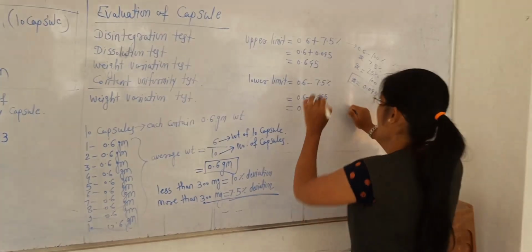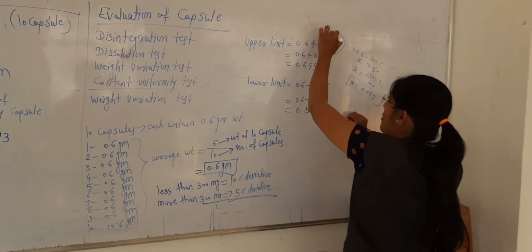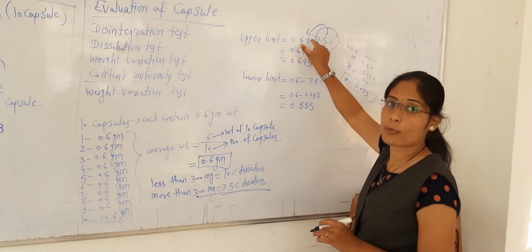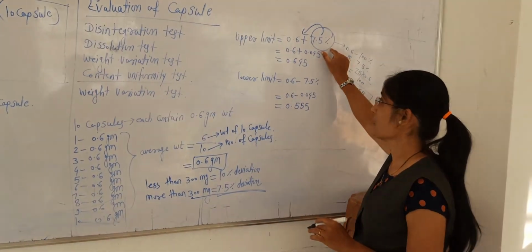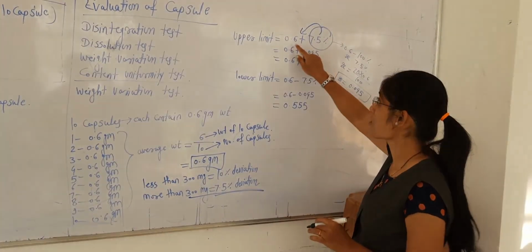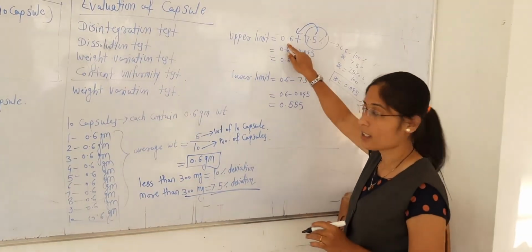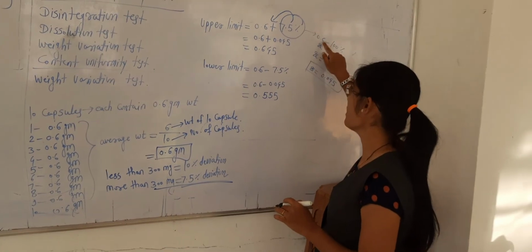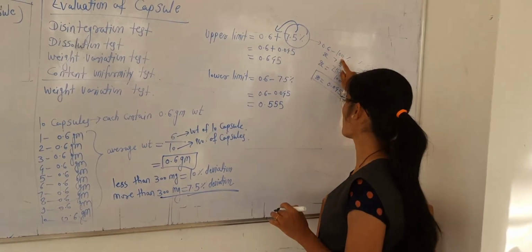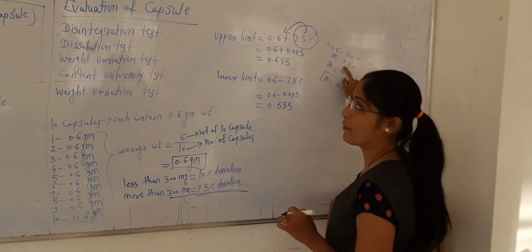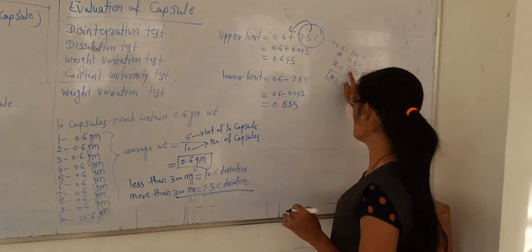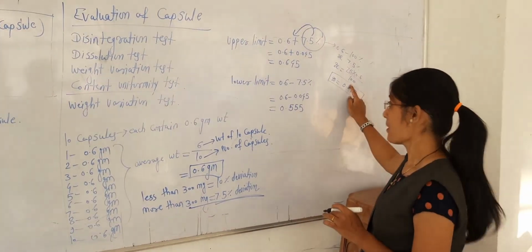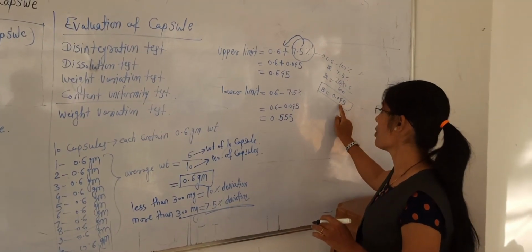So we take 7.5% of 0.6. Here we can take the value. 0.6 is for 100%, then how much for 7.5%? Cross multiply: 7.5 into 0.6 divided by 100. x is equal to 0.045.